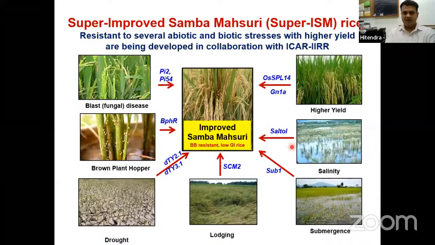What we are doing at the moment is, we have developed improved Samba Masuri rice, which is bacterial blight disease resistant and also a diabetic friendly rice.